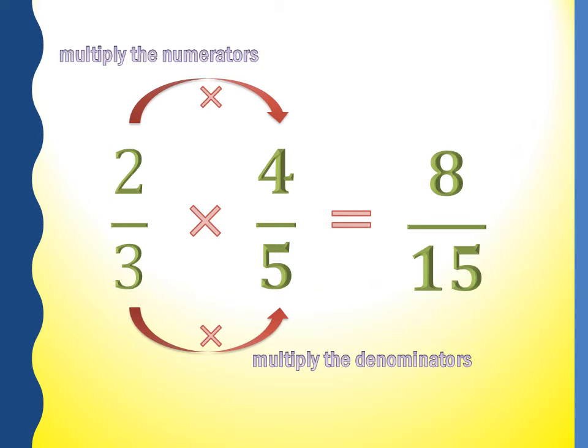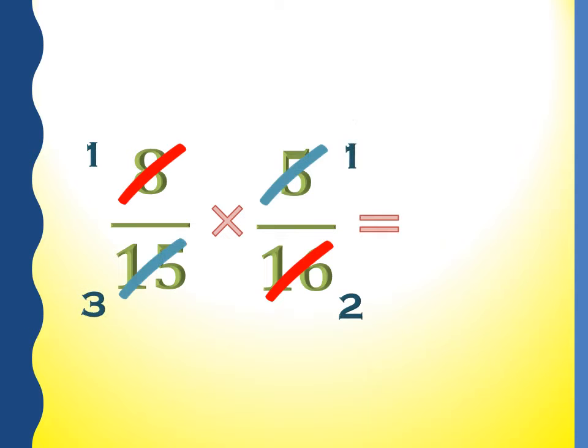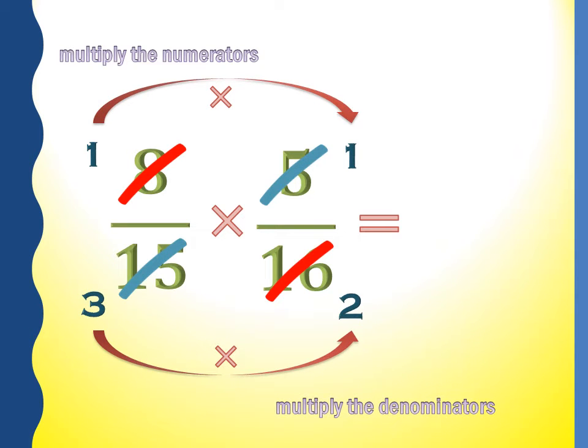The answer will be 8/15. But middle one, don't forget to simplify first before multiplying to make it easier. Here I can simplify 8 with 16 and 5 with 15, so the answer will be 1/6.